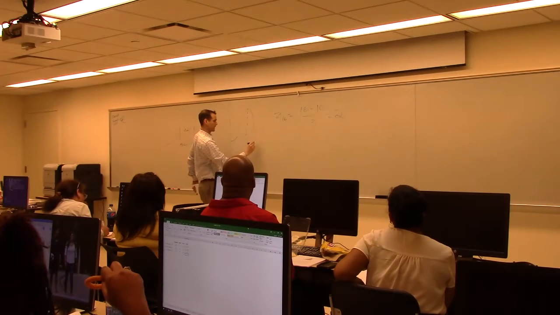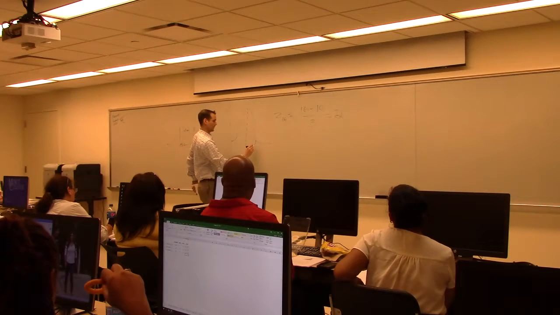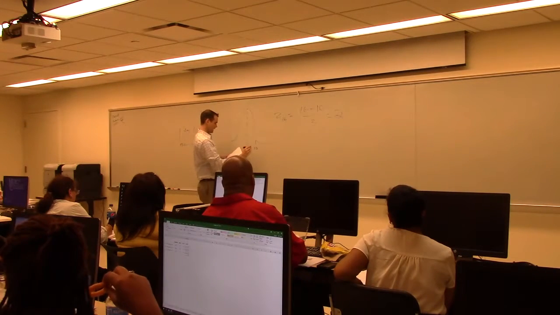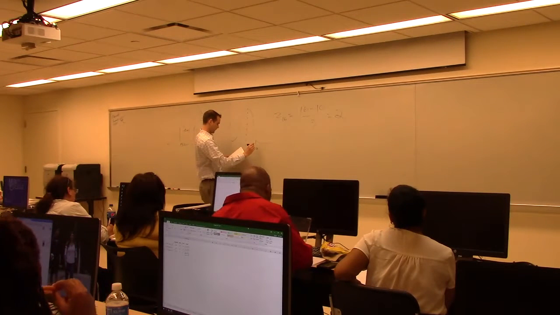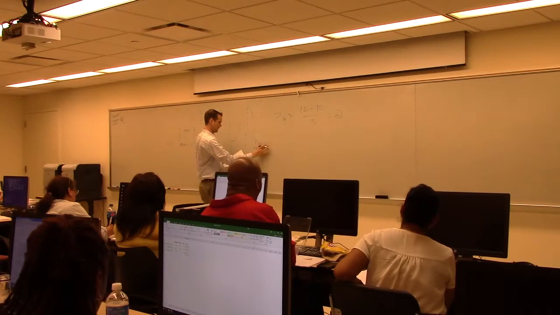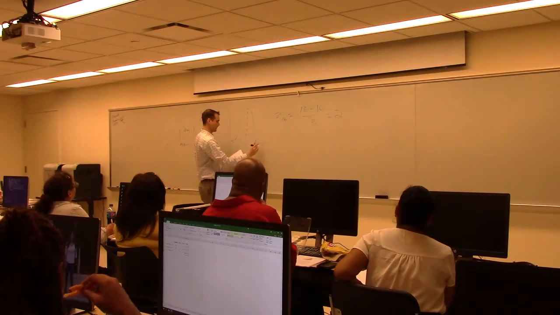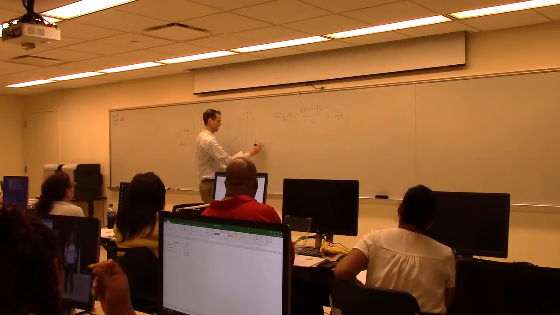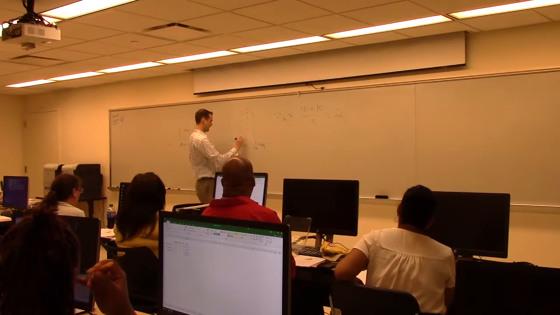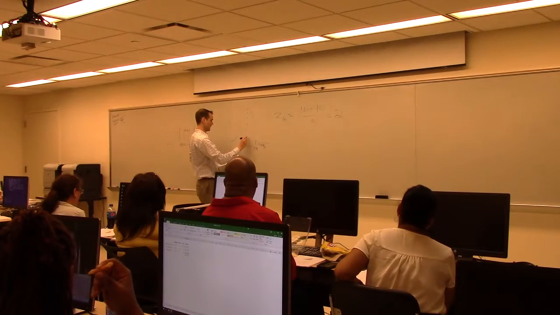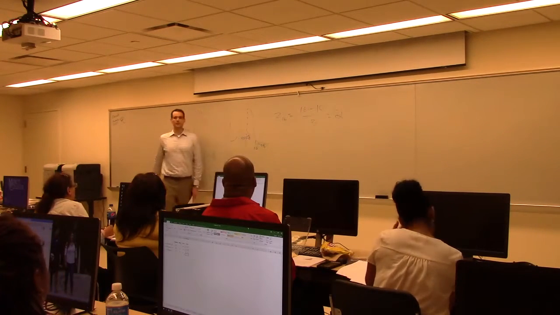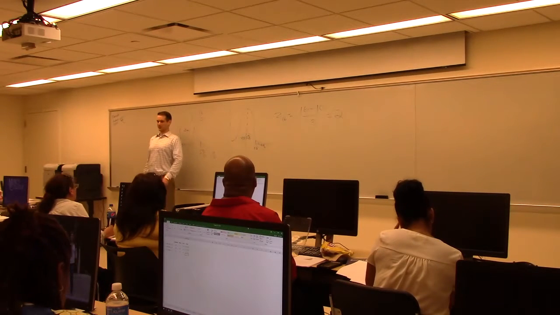We know this person with a 1.2 z-score, 11.5% of people are higher than her, and 88.5% have a lower outcome than she did. Does that make sense? Okay.